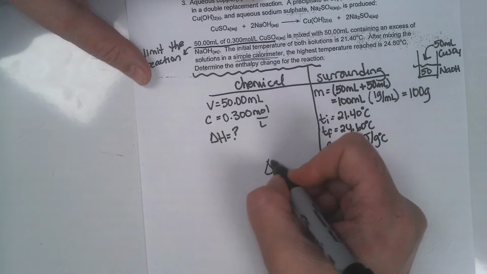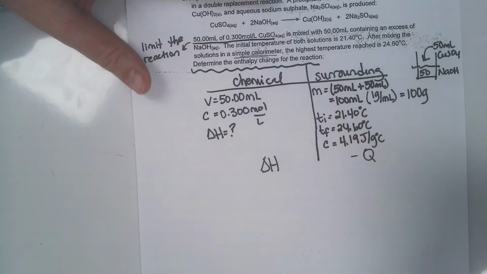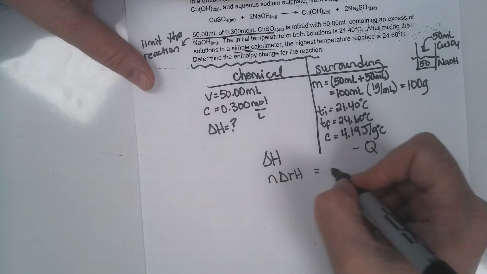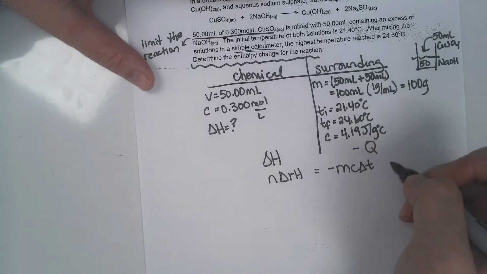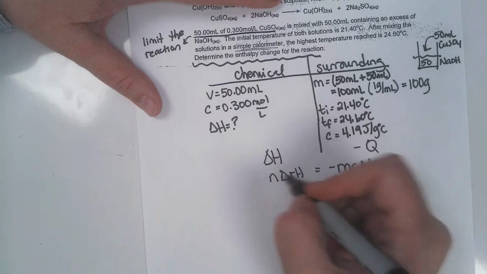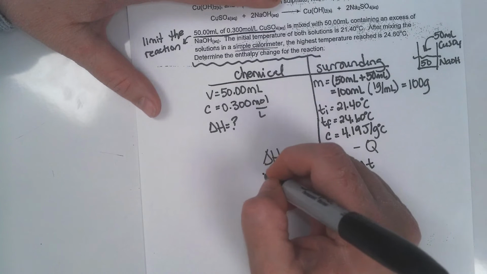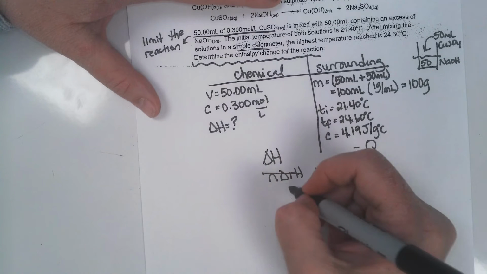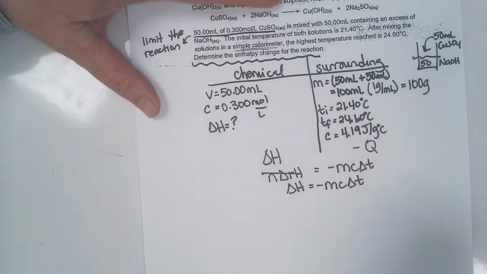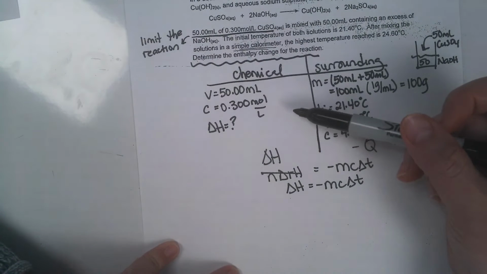And so delta H is always on the chemical side, negative Q is always on the surrounding side, and we know that this n delta RH is equal to negative mC delta T. It is asking us to find the enthalpy change, and so what we can do is just omit this piece because that is delta H, and say that it is negative mC delta T. So a little bit of extra information in here that we didn't need, and that's okay.